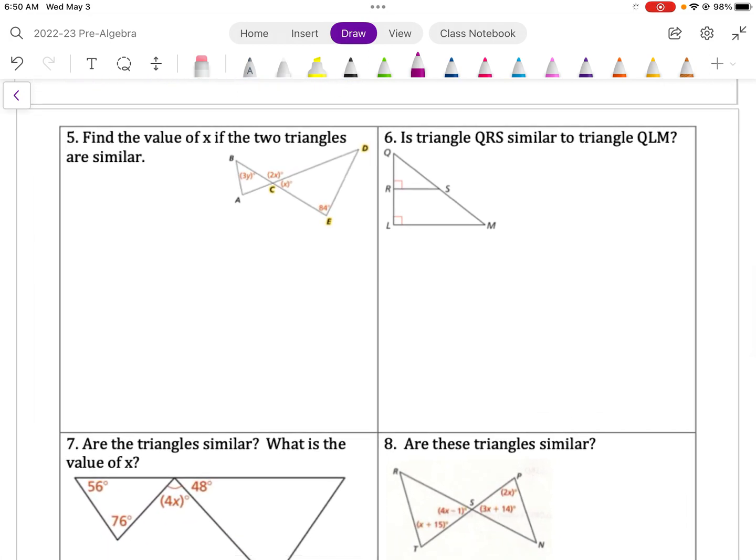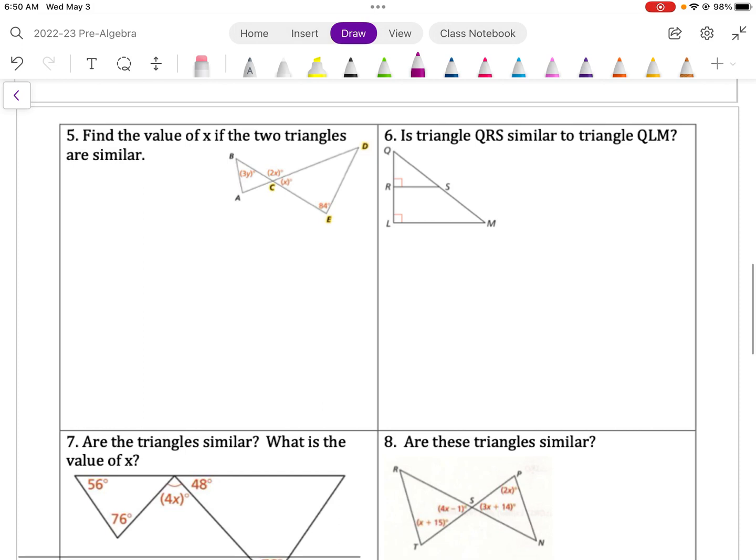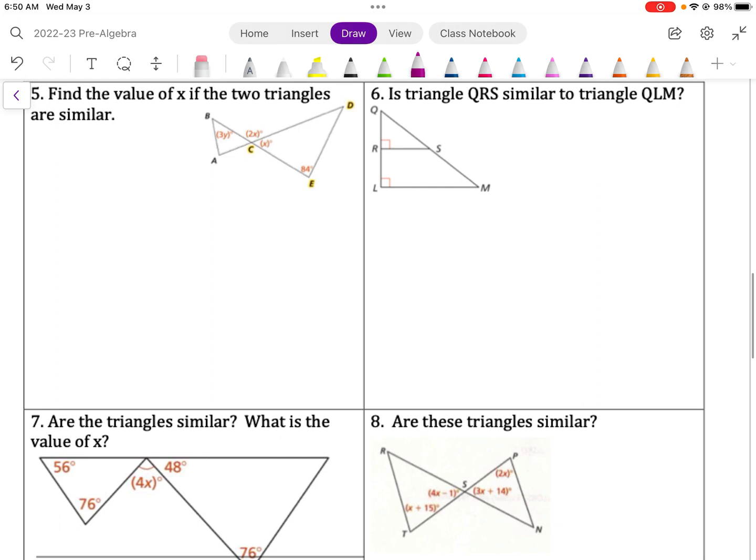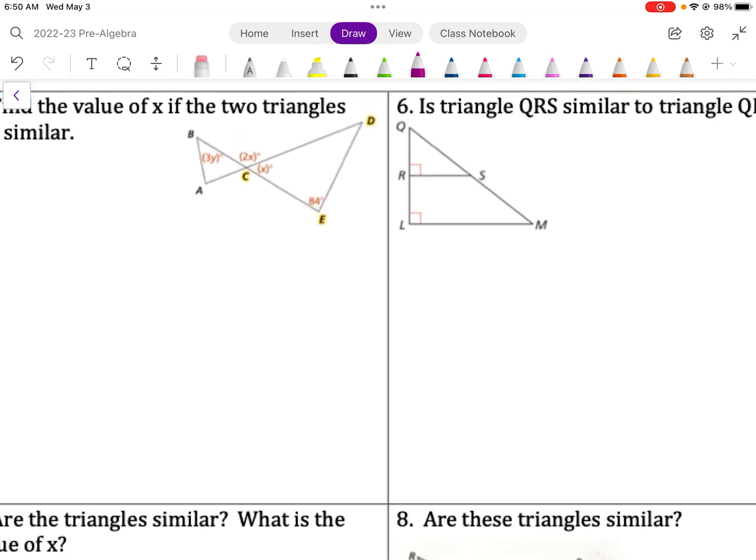I'm going to go to number 5. I guess we'll do number 5 really quick. Again, this one's a little tricky. We've got these two triangles, and one thing I notice is that this is a nice straight line. Remember that a straight angle has to equal 180 degrees.